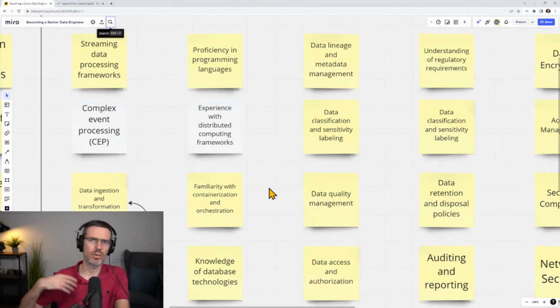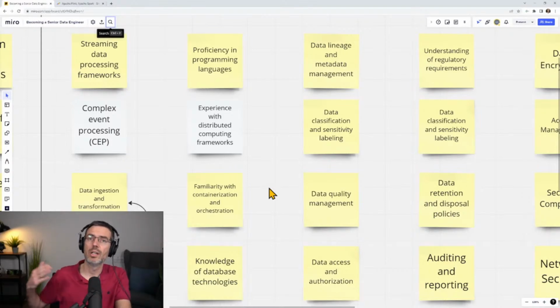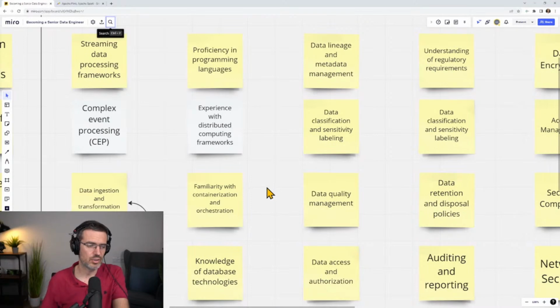Not just being very experienced in doing the integration work, but also doing the design part. And to understand the design part, of course, you need to know what containers are. You need to know how to deploy stuff. You need to understand backend and how you can create a microservice architecture or add microservices to your pipelines. That kind of stuff. Absolutely.